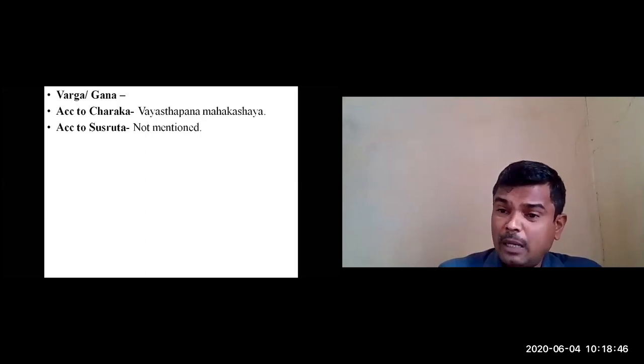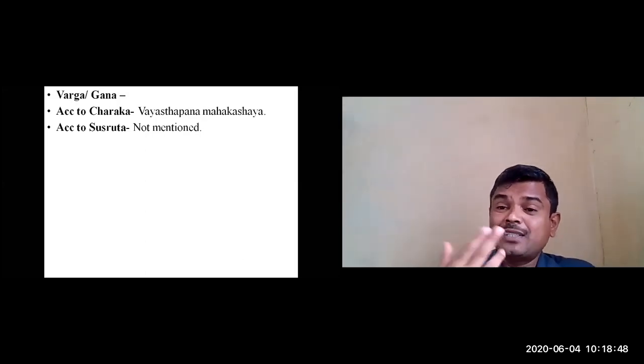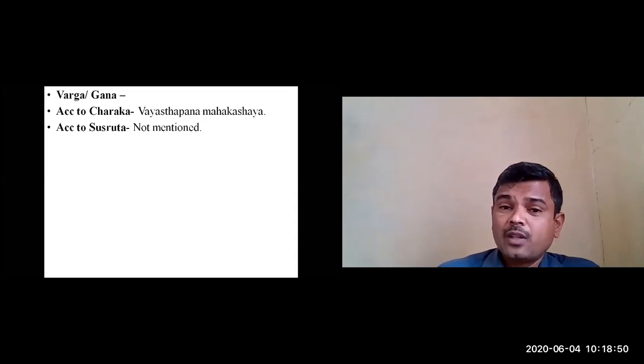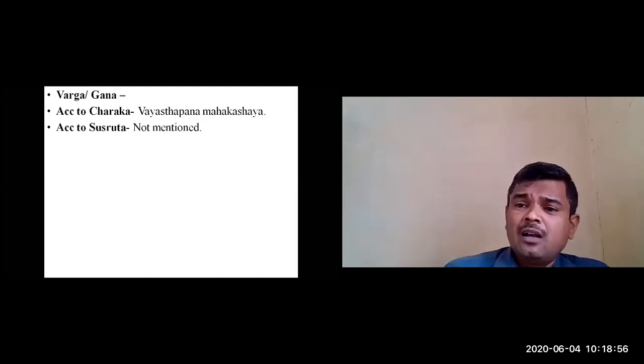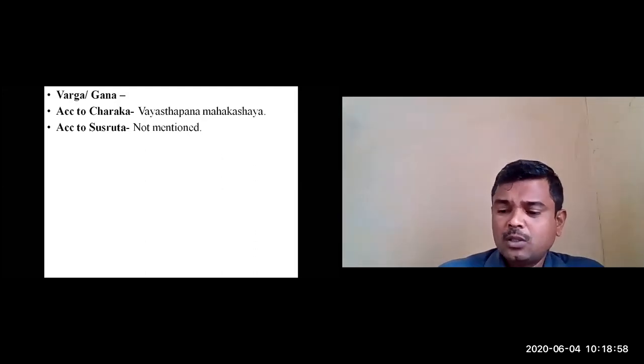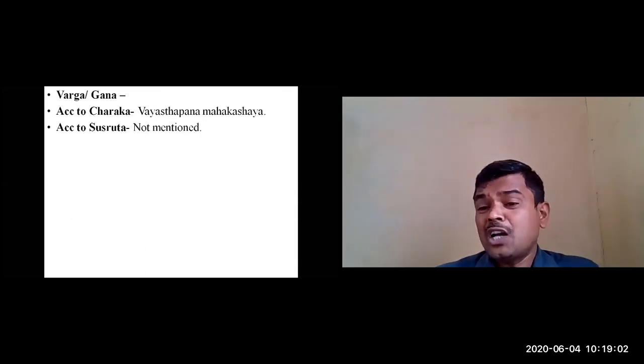There are around 7 Mahakashayas, and Guduchi is mentioned among them. So Amruta is a synonym of Guduchi. Abhaya is Haritaki.